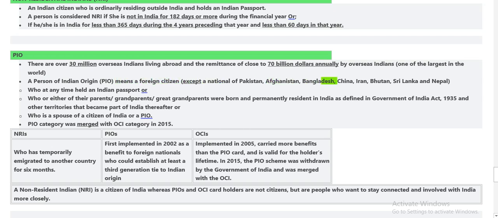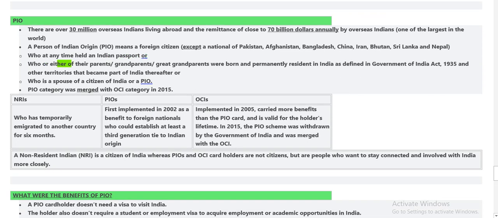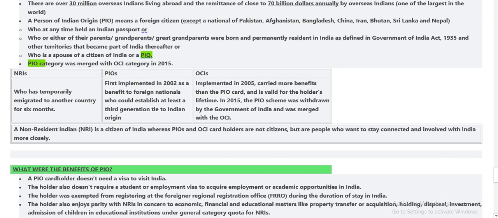A Person of Indian Origin, PIO, means a foreign citizen, except a national of Pakistan, Afghanistan, Bangladesh, China, Iran, Bhutan, Sri Lanka and Nepal, who at any time held an Indian passport, or who or either of their parents, grandparents or great-grandparents were born and permanently resident in India as defined in the Government of India Act, 1935 and other territories that became part of India thereafter, or who is a spouse of a citizen of India or a PIO. The PIO category was merged with the OCI category in 2015.